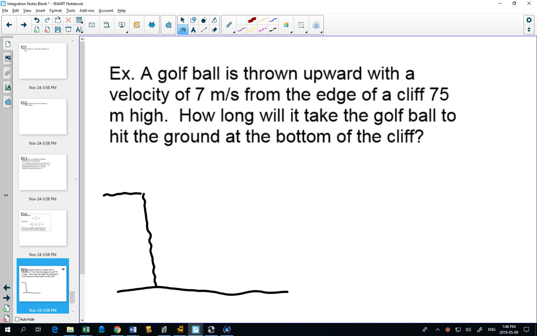Okay? So a good start is to draw out a picture. You've got a cliff 75 meters tall. You've got a golf ball thrown off the cliff in an upward direction. What's going to happen to that golf ball? Gravity is going to make it come down. It's going to hit the sand down here.